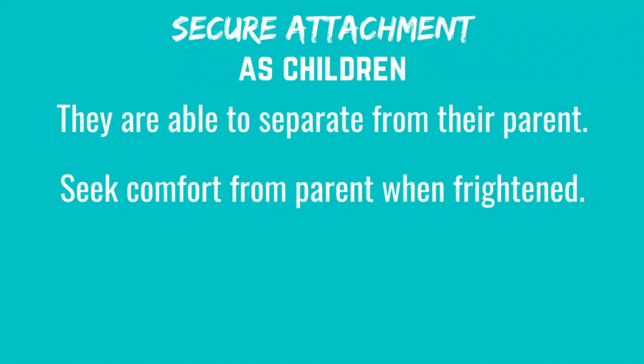But they will go and explore the room, have their own adventure. But when something frightening happens, like the stranger entering the room or trying to interact with the child, that's when they run to the parent to feel safe, to feel comforted, for some kind of security.